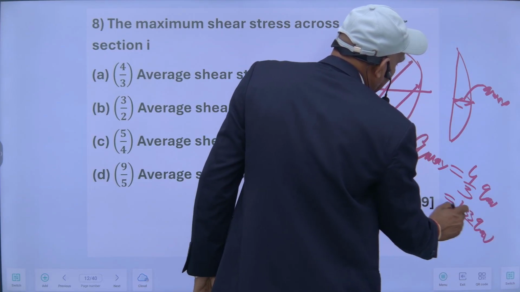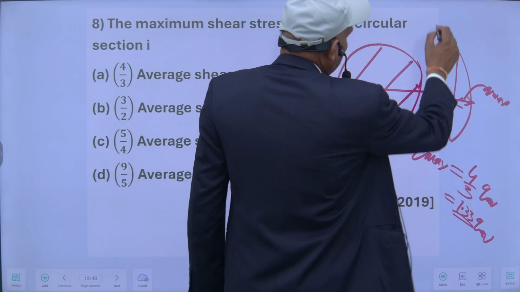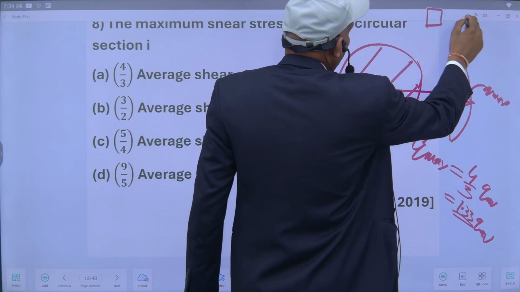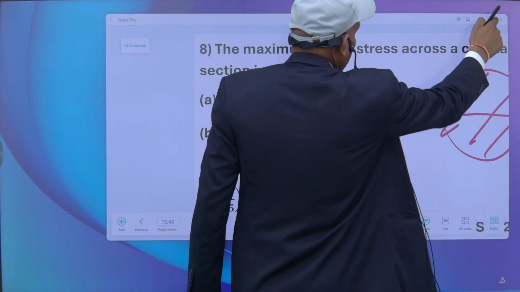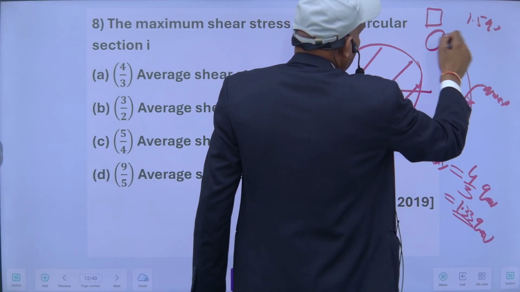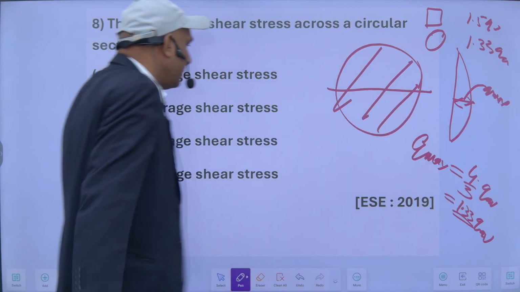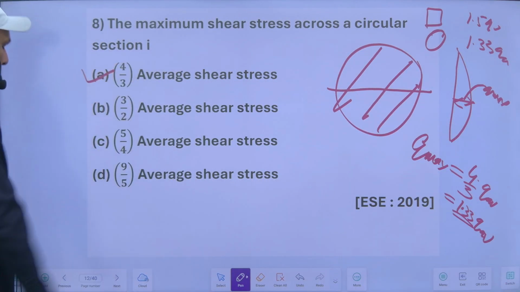In case of a rectangular section, it is 3/2, which is 1.5 times Q average. In case of circular, it is 1.33 times Q average. 1.33 means 4/3. So this is the right option.